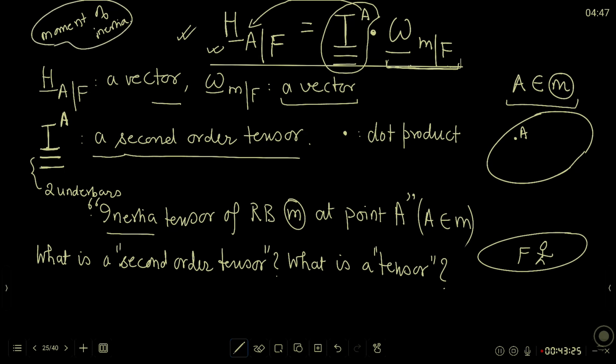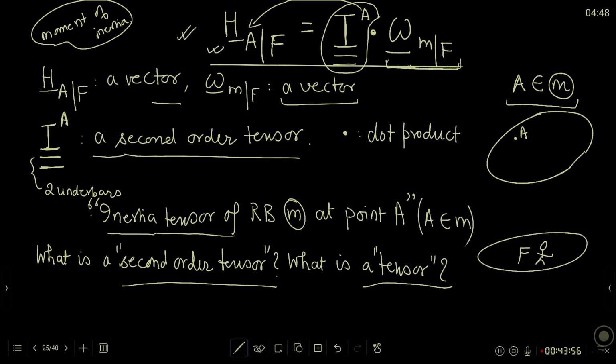But before I explain to you what is the inertia tensor of RB at point A, I want to tell you briefly what is a second order tensor. For that matter, what is a tensor itself? The moment I say the word tensor, probably the quantity that will come to your mind is the stress tensor. You have some idea it is force per unit area.